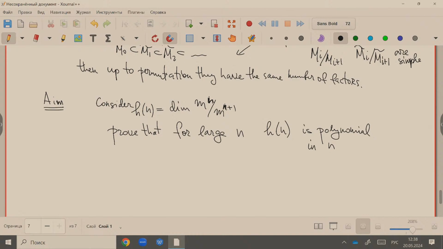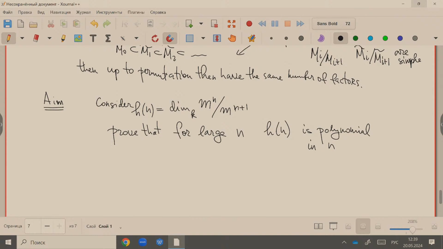What we shall actually prove is that this can be written as a rational function, with some power series. How can we study this?